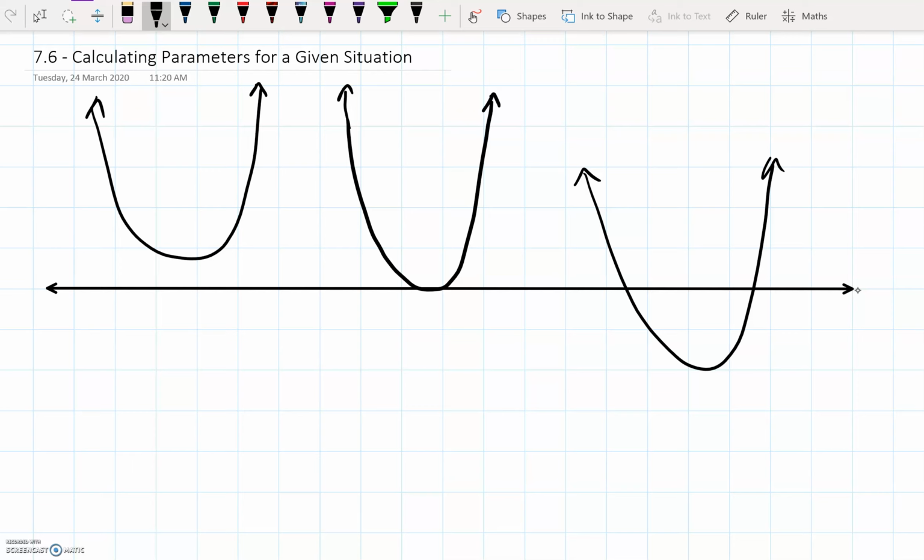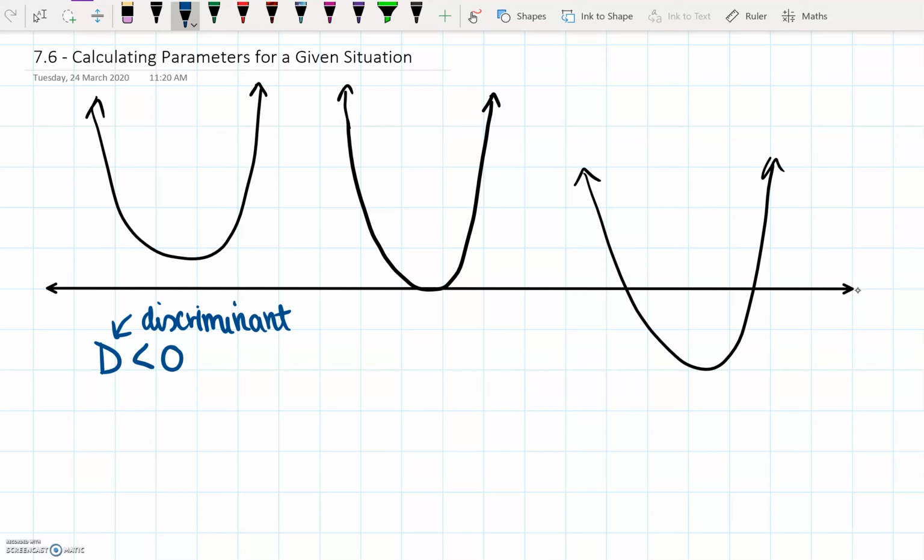Now in the first case, where it's completely above the x-axis, we know that d, the discriminant, is going to be less than 0.